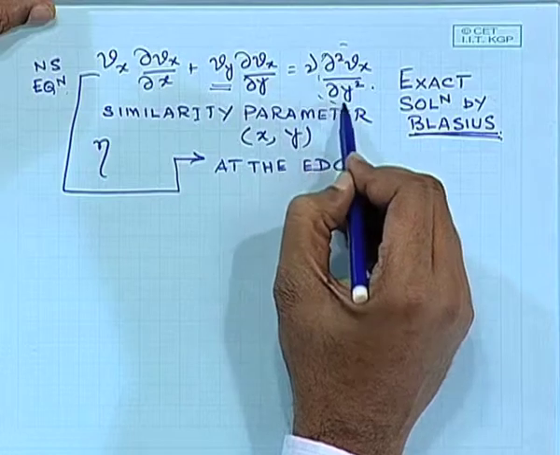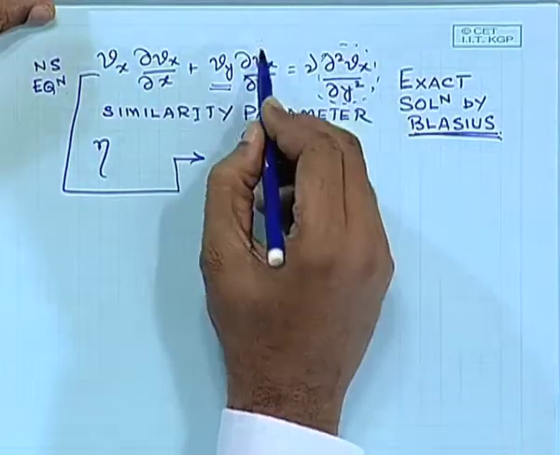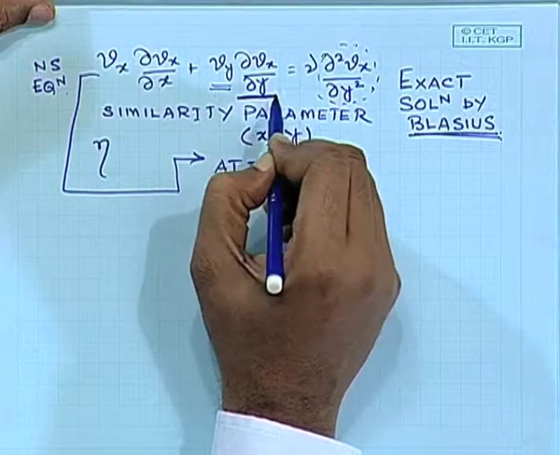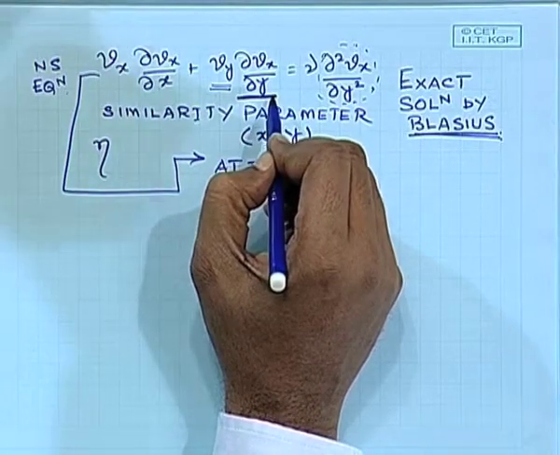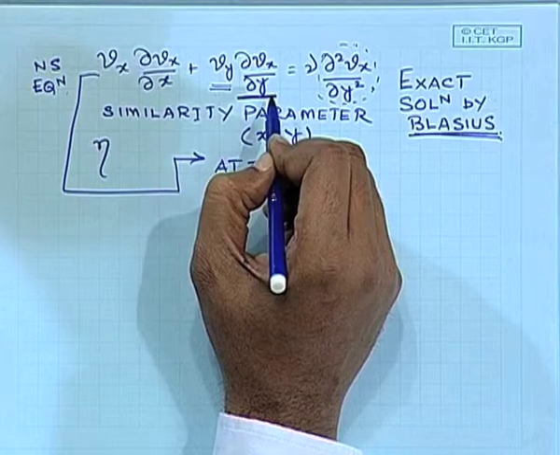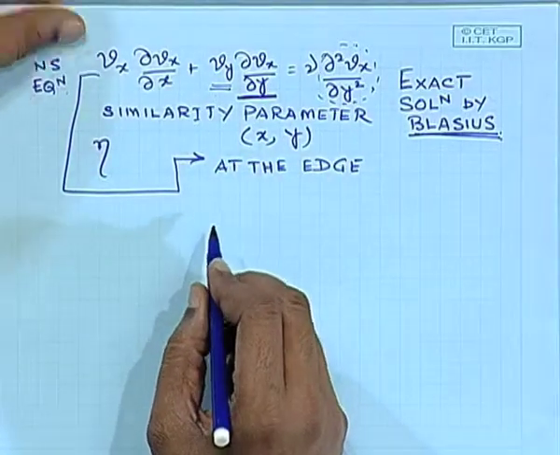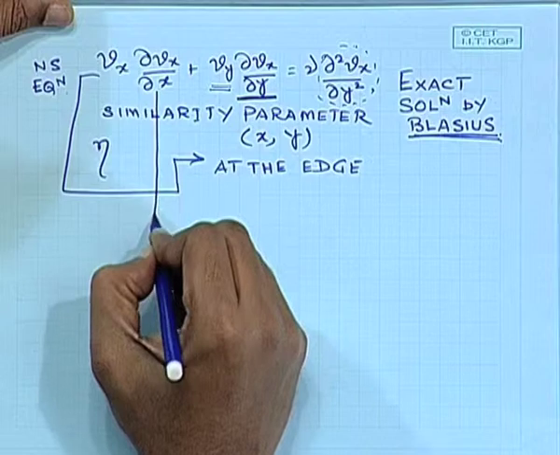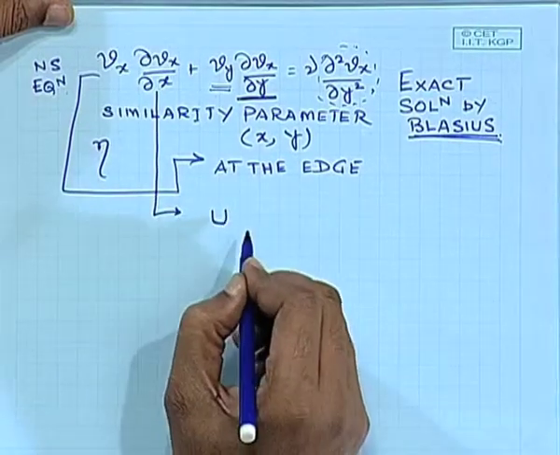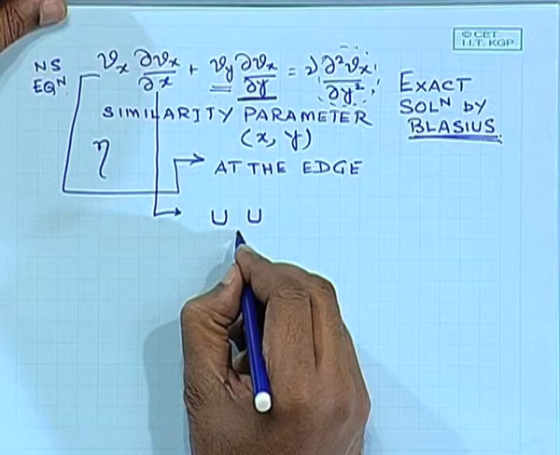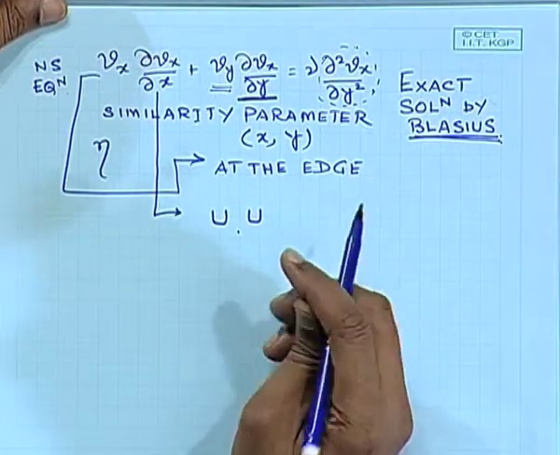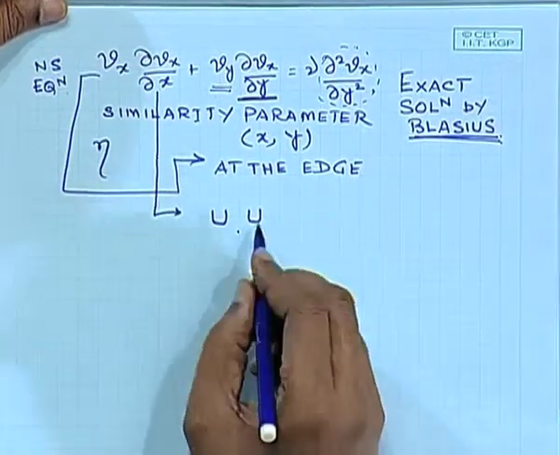This one will have some contribution still there, but Vx will not change with y anymore at the edge of the boundary layer, because when you have reached the outer limit of the boundary layer, Vx will not change with y. So, this term is going to be 0, and this Vx is going to be equal to U. This is just an order of magnitude analysis, an approximate analysis at best.